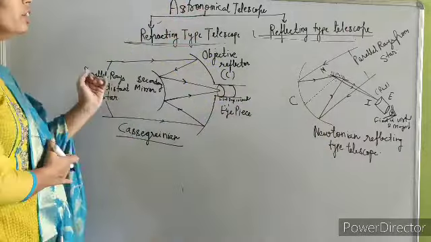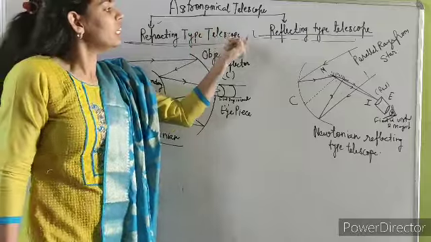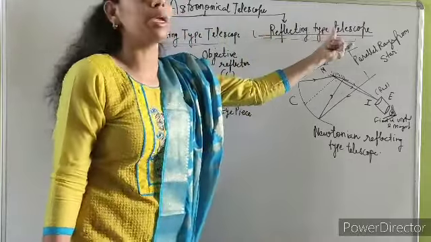So first of all, if we have the refracting type telescope, then what is the need to study the reflecting type of telescope?